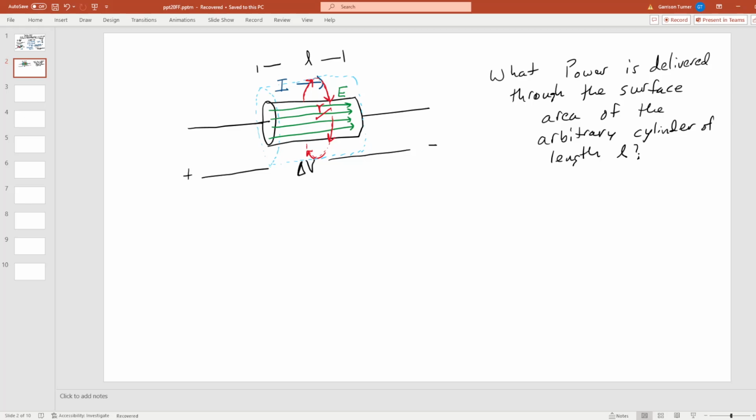It'll have the same length. And I want to know the power delivered through the surface.